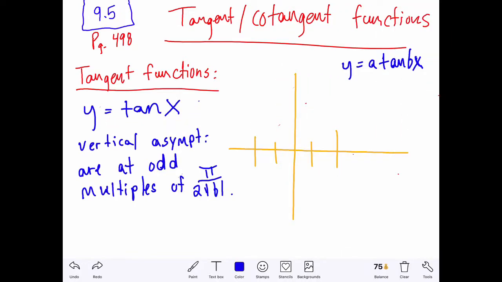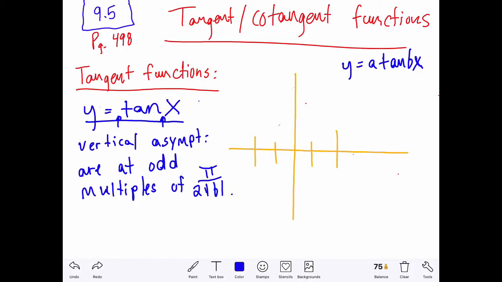Okay, so with that knowledge in mind, we're now going to look at y equals a tangent b of x, and we'll start with our parent function, y equals tangent of x. And remember, a here would be 1, and b here would be 1, because if there's nothing showing, we assume it's a 1, right?